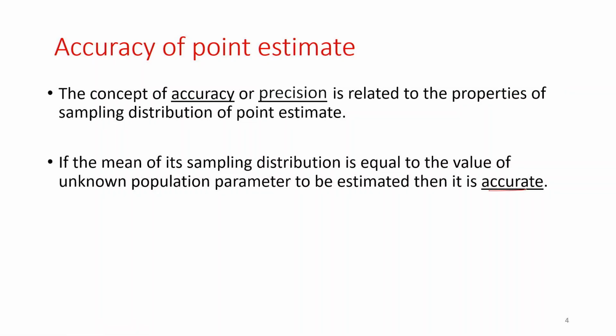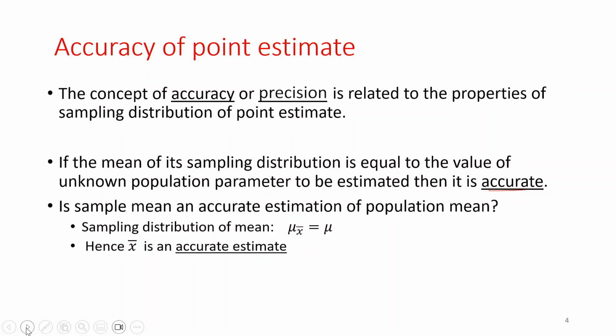This statement is very important to understand. Mean of its sampling distribution is equal to the value of the unknown population parameter to be estimated, then it is an accurate estimate.